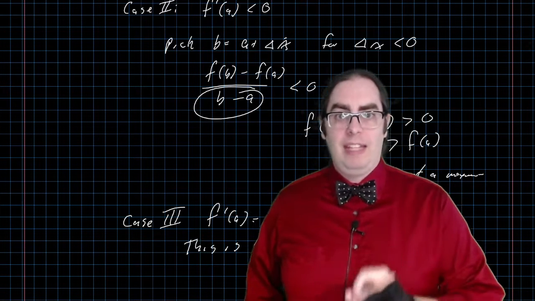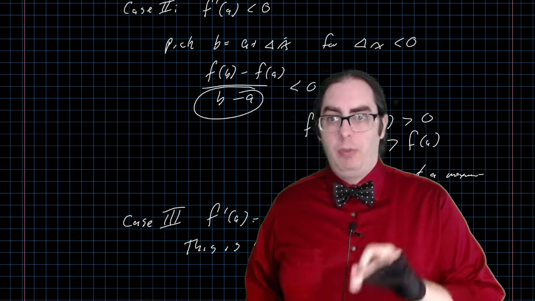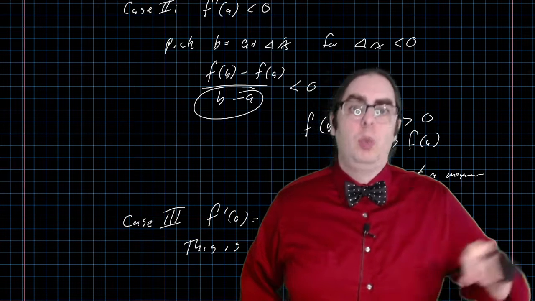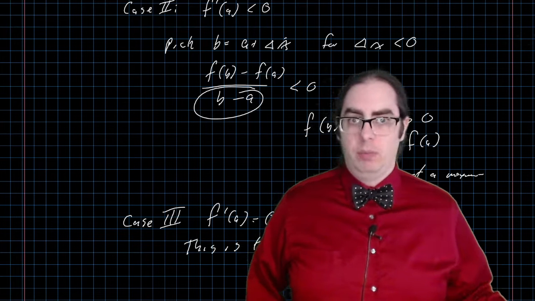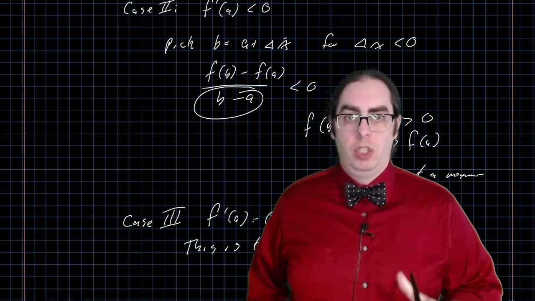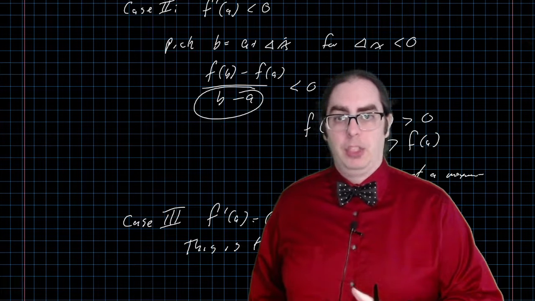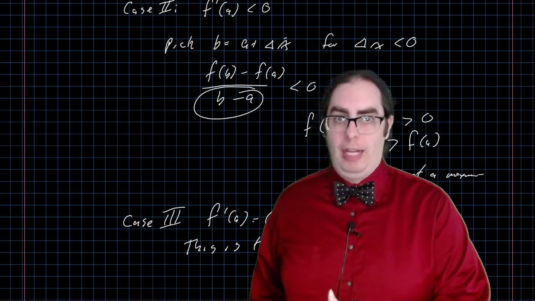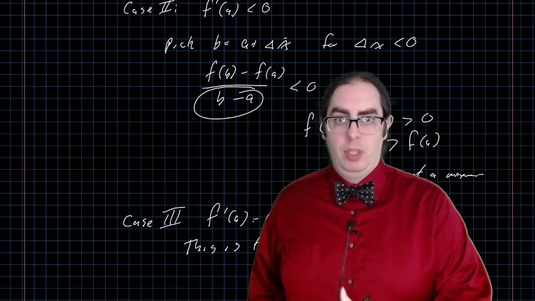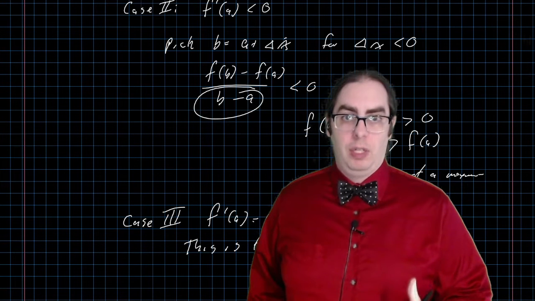This is a necessary condition. If we don't have a critical value, then you can't have an extreme value. It is not a sufficient condition. Knowing that you have a critical value is not enough information to conclude that you have an extreme value. So that subtle distinction is very important in this process.